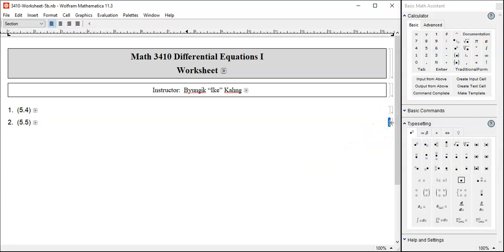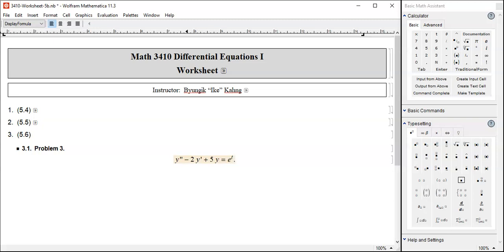Let's do some work on 5.6, problem 3. What is problem 3? y'' - 2y' + 5y = e^t.